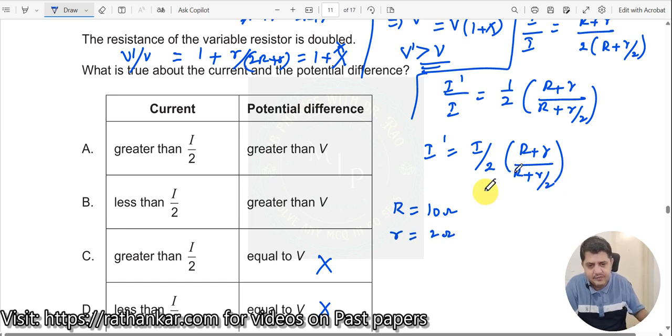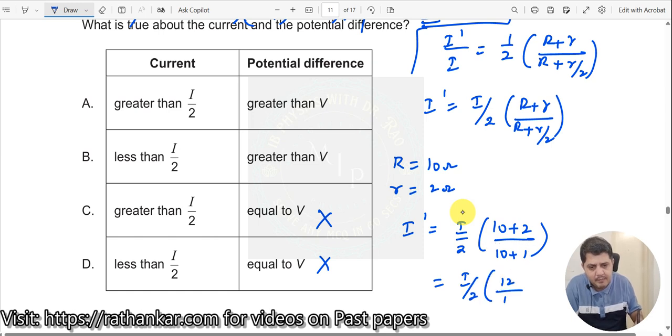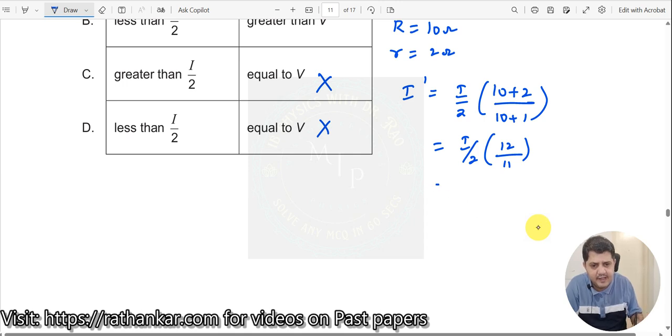If I do this, what will be the value of I dash? I dash will be equal to I by 2 into 10 plus 2 divided by 10 plus 1, which is I by 2 into 12 by 11. So 12 by 11 is greater than 1, which means this will be greater than I by 2.